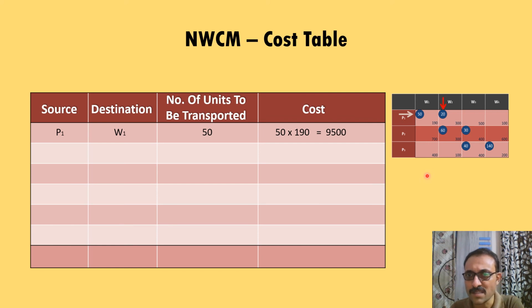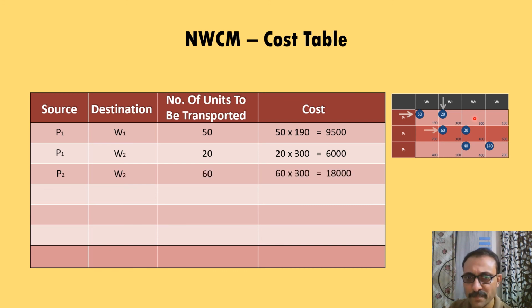Now, which was the second cell? The arrow tells us that cell P1W2 was the next cell. So we write it in the table accordingly. 20 units at 300 apiece, so 6,000. Which was the next one? The arrow tells us it was P2W2. So we write it in the table. P2W2, 60 units at 300 apiece, so 18,000 is the total.